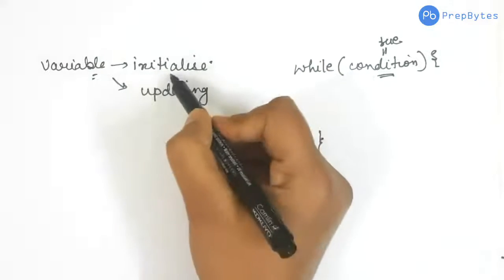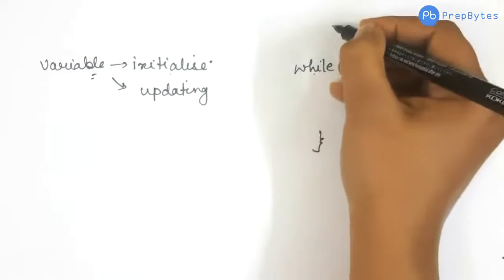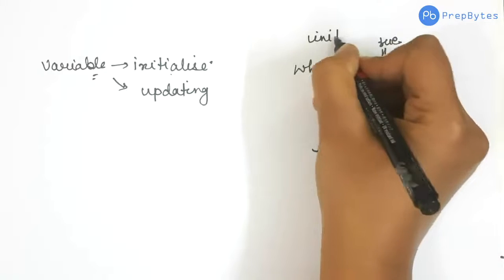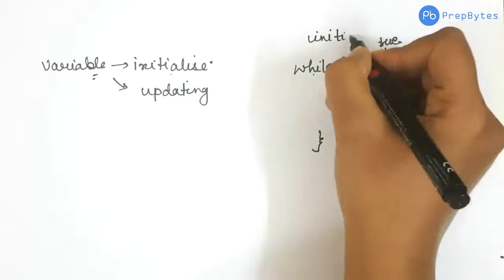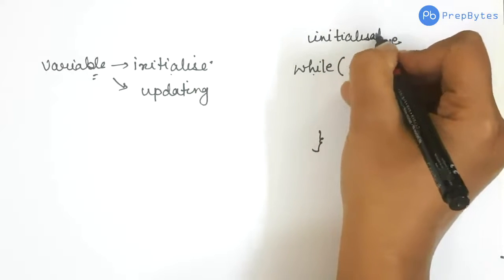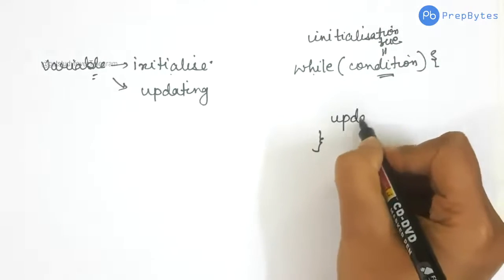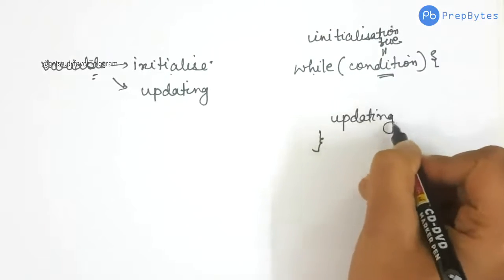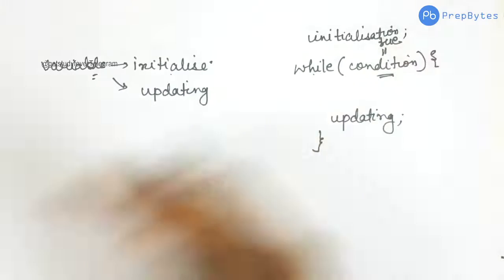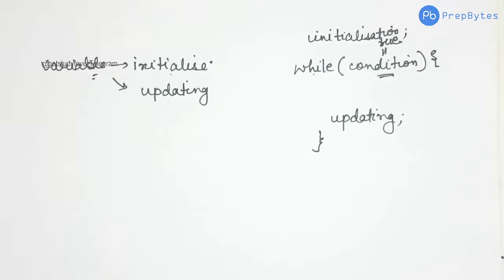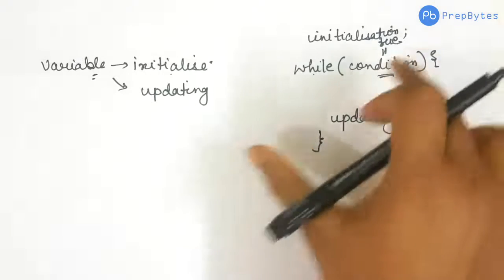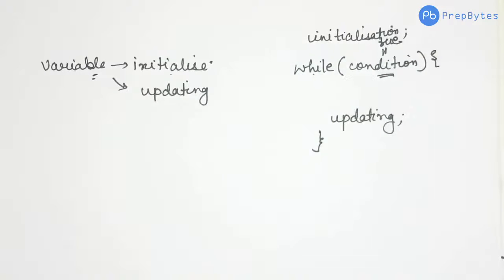So initialization is generally done before this while loop, and generally the updating is done inside the loop only. So this is how it generally goes. Again, depending upon the problem statement, things might change. Now, this is how while loop goes. So you will use while loop whenever you have something repetitive to do.